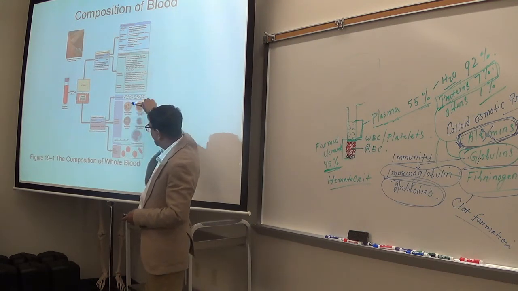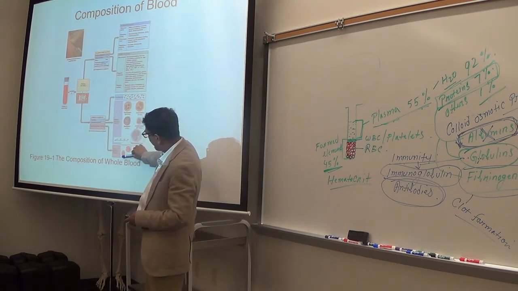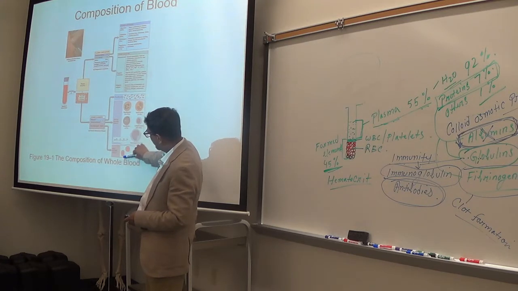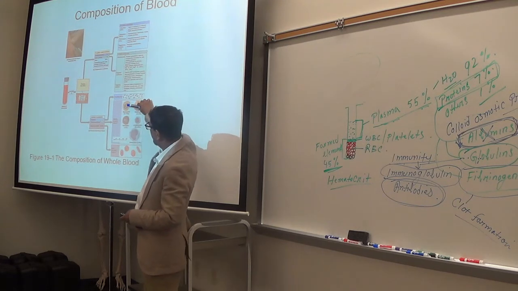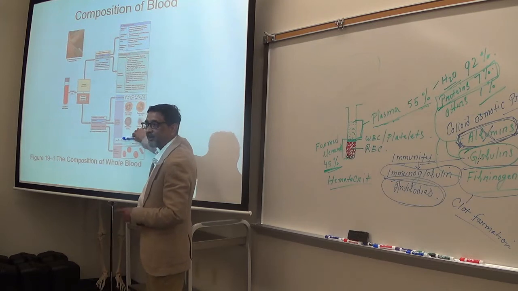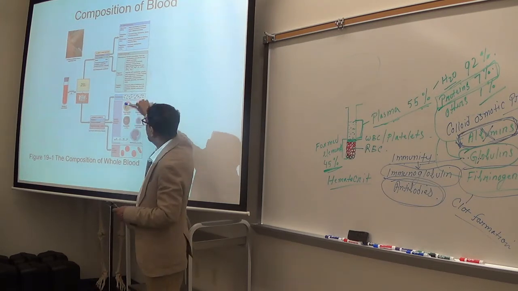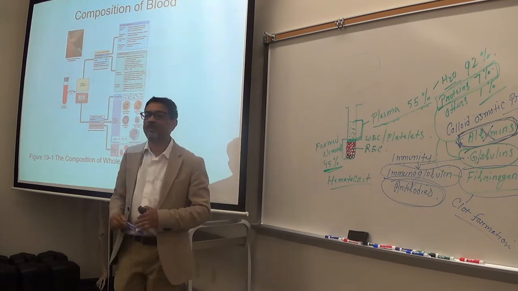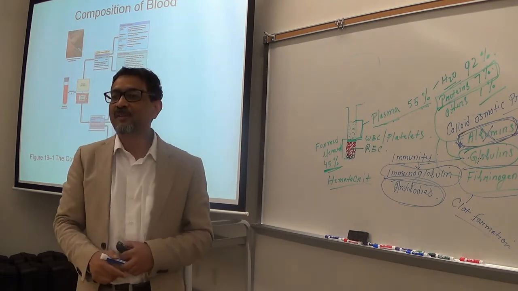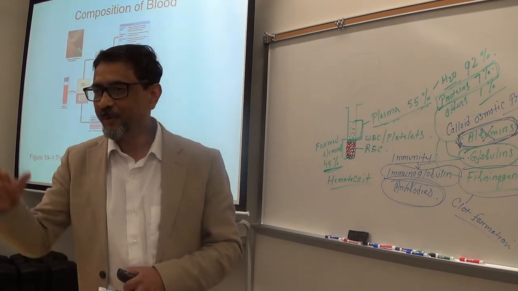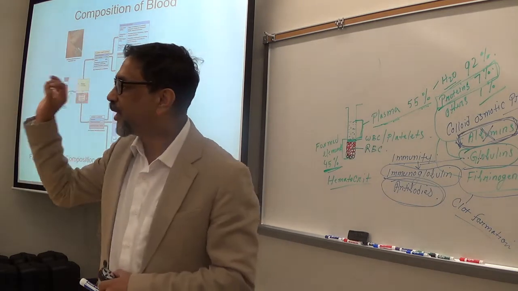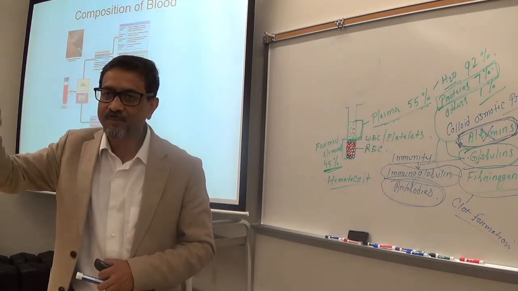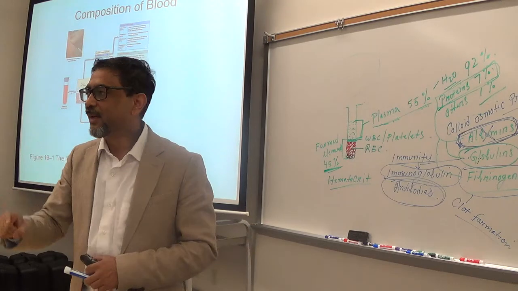They give immunity. Red blood cells are mainly responsible for oxygen transport. White blood cells are mainly responsible for immunity. Okay? And platelets are mainly responsible for clot formation, coagulation. I'm repeating again: red blood cells are mainly responsible for transport of oxygen and nutrients.